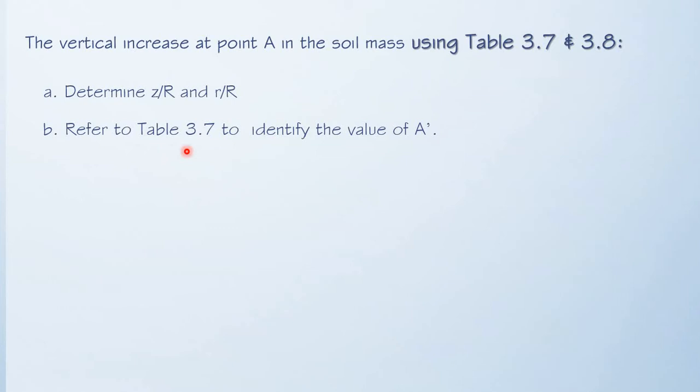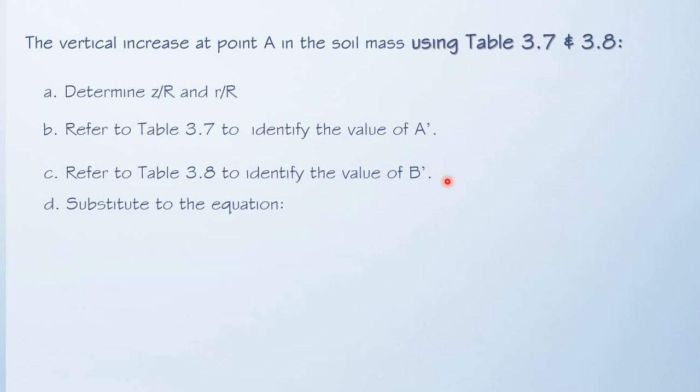Next, we refer to table 3.7 to identify the value of A prime. We refer to table 3.8 to identify the value of B prime. And upon identifying the values of A prime and B prime, we now substitute them to the equation. Vertical stress increase is equal to the unit load times the quantity A prime plus B prime.